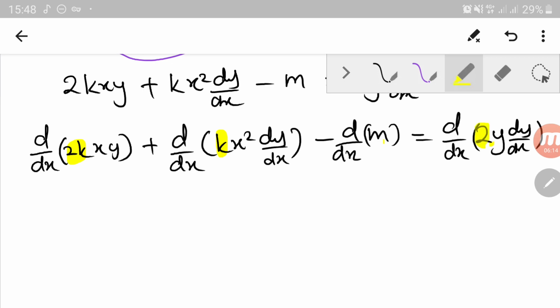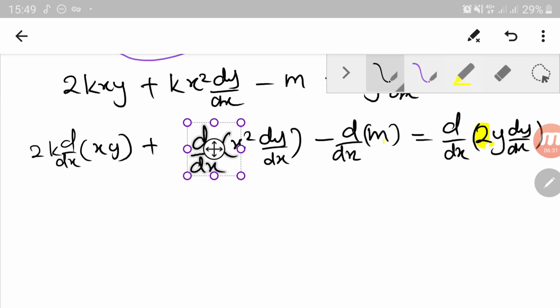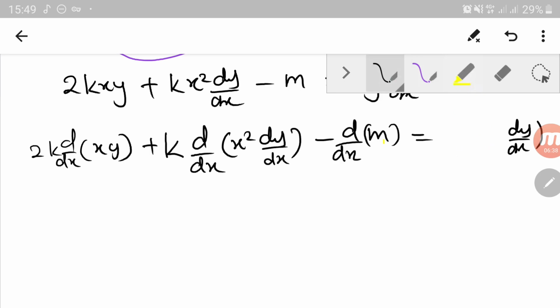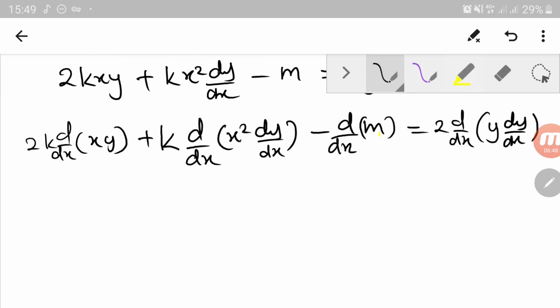So k, and then I put 2 outside, with y here and dy/dx here, differentiated with respect to x. Correct. Then we can proceed easily.